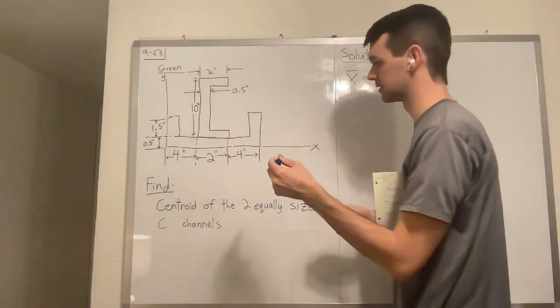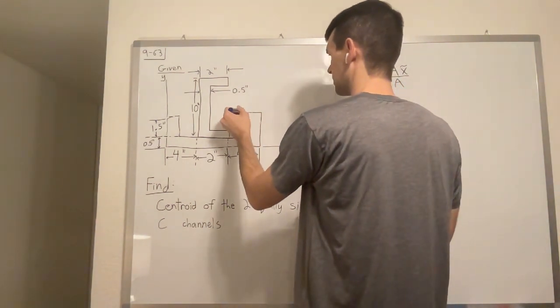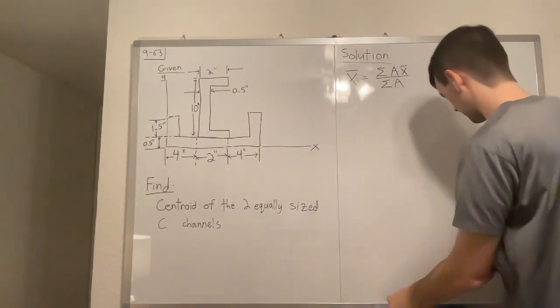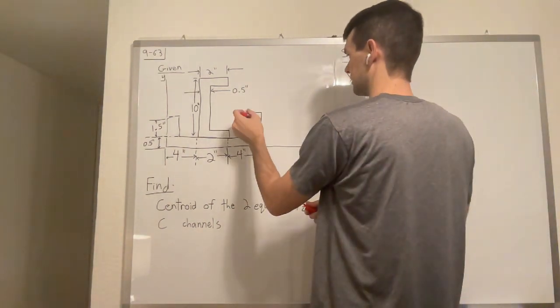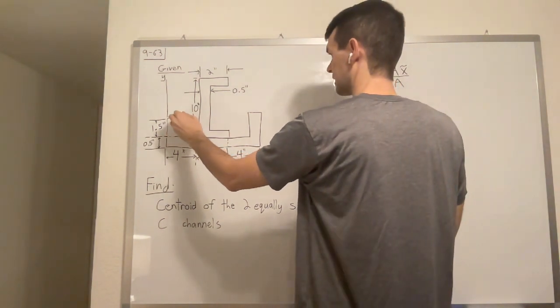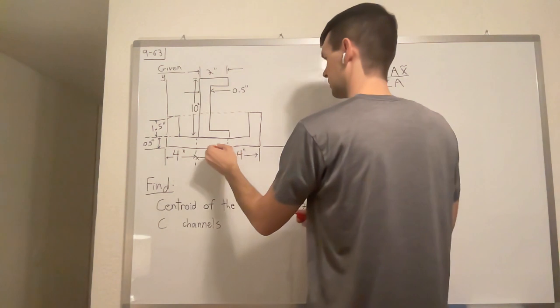I'm going to look at the C channel and say, what if it was this full larger rectangle?